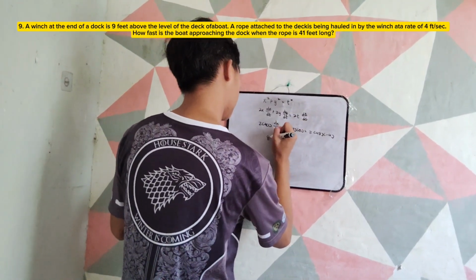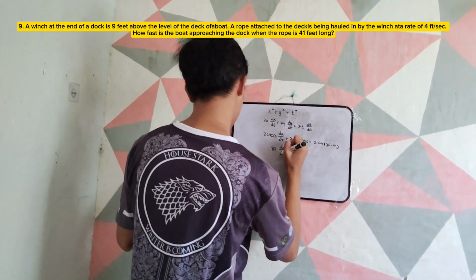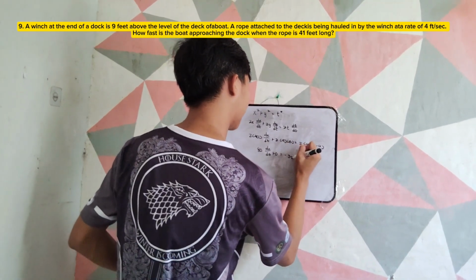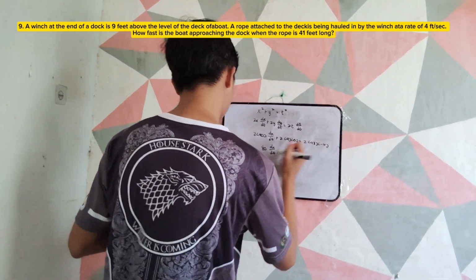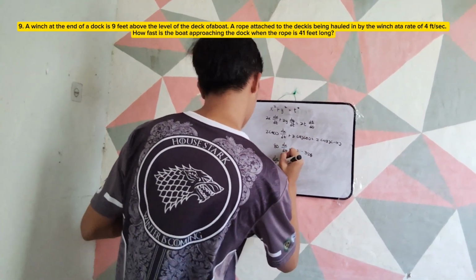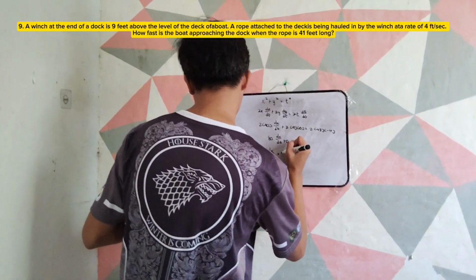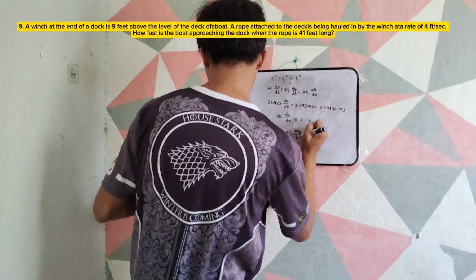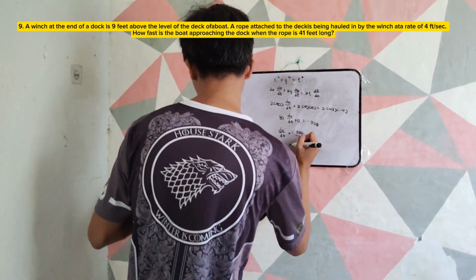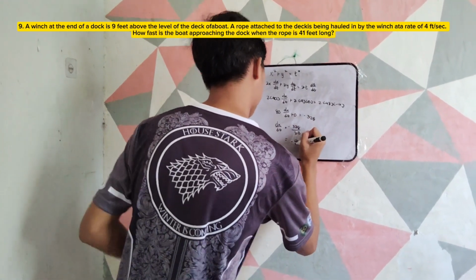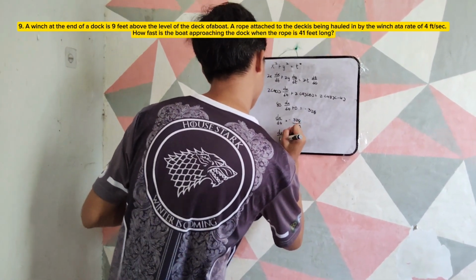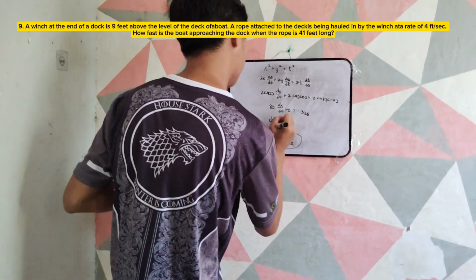So 80 dx over dt plus 0 is equal to negative 328. So therefore, the dx over dt will be equal to negative 328 over 80, which will be equal to negative 41 over 10. So the dx over dt will be negative 41 over 10.